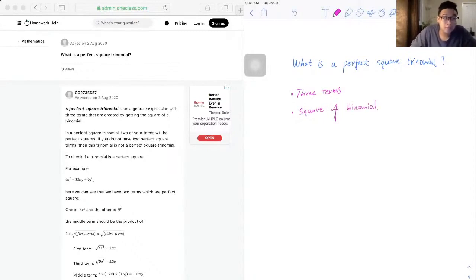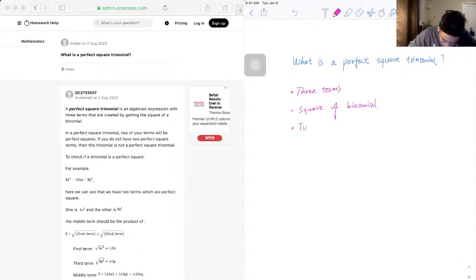And in a perfect square trinomial, two of our terms will be perfect squares. If we do not have two perfect square terms, then this trinomial is not a perfect square trinomial.